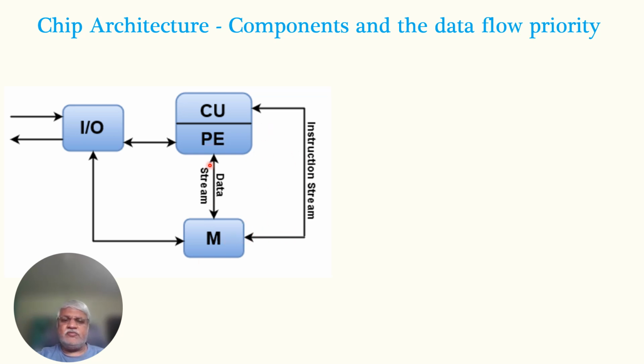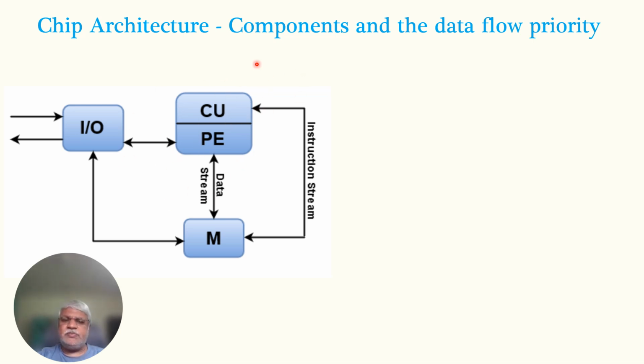The processor element here is a CPU or a GPU. Then how all these things communicate with one another, how the data comes from the IO unit. All these things are part of the chip making.